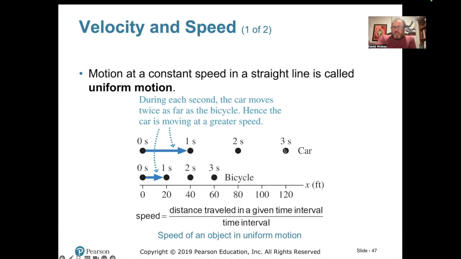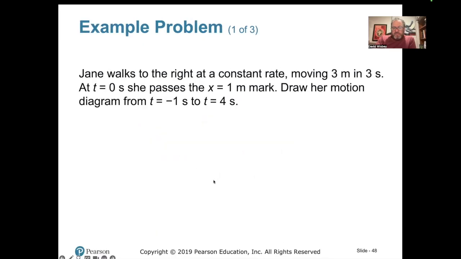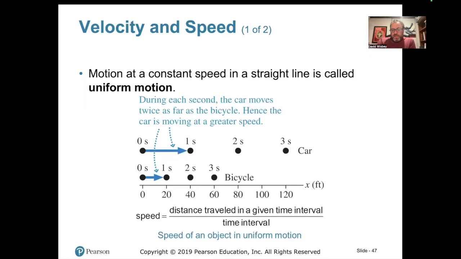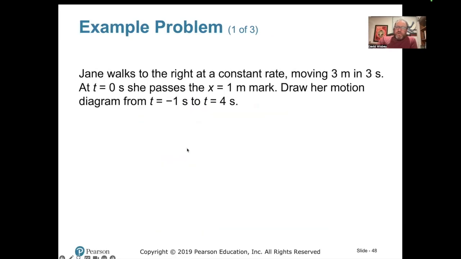So in 3 seconds, the car has moved 120 feet and the bicycle has moved 60 feet. Okay. So we can calculate the velocity and the speed for each of those. Just take the distance divided by the time. So we can see that the bike is traveling at 20 feet per second, and the car is going at 40 feet per second.